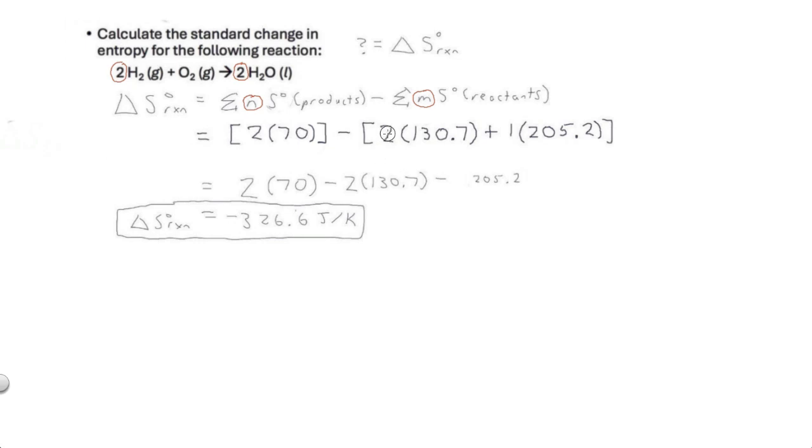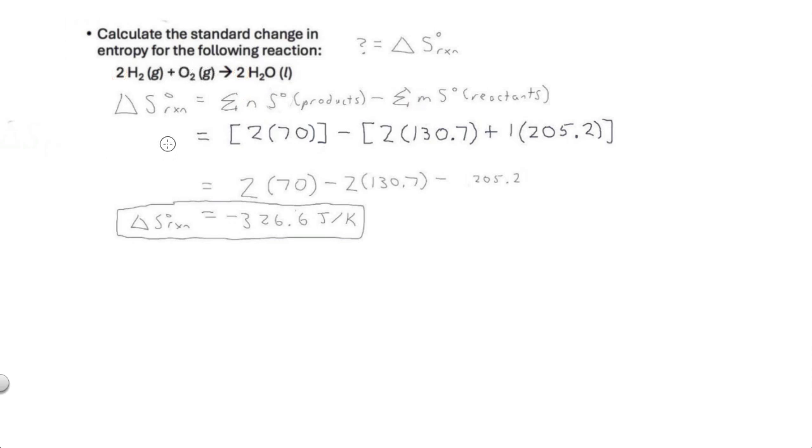And this 2 represents the stoichiometric coefficient for the H2 gas reactant. And you should know that if a particular stoichiometric coefficient is not explicitly written in the chemical reaction, that means that the stoichiometric coefficient is a 1. So, this 1 represents the stoichiometric coefficient for the O2 gas reactant.